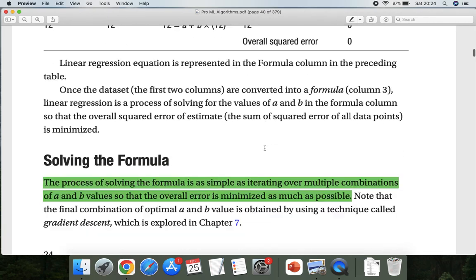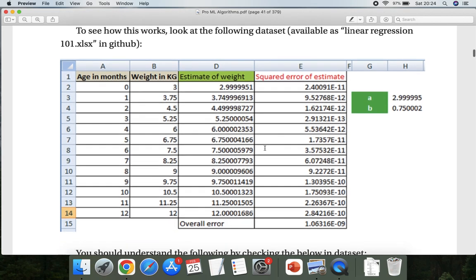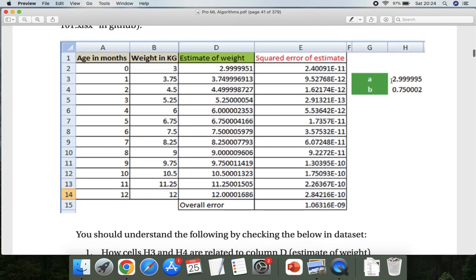In this particular example, we have varied a and b, which are our coefficients, to the least possible values, like 2.99995, and similarly b, instead of 0.75, is 0.750002. You can see the difference between the actual and predicted estimated value.